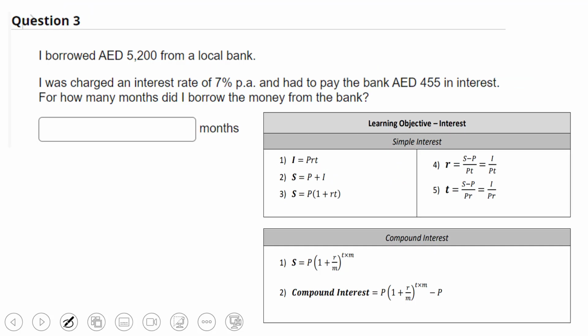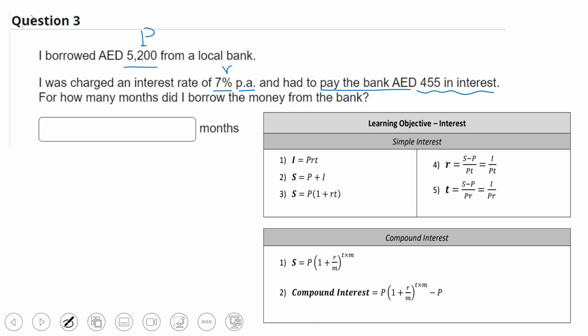Now let's go for this one. Yes, you borrow this amount. This is the principal amount. This is R. This is annually, okay? This is what? He paid the bank 45 as interest.